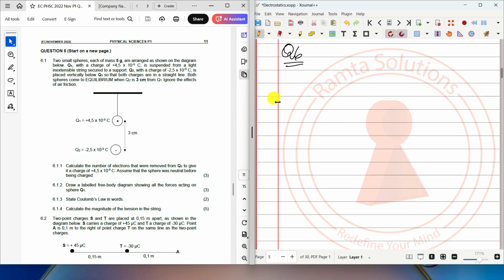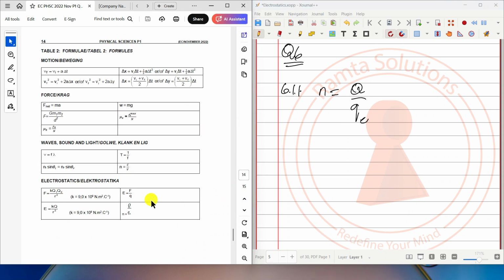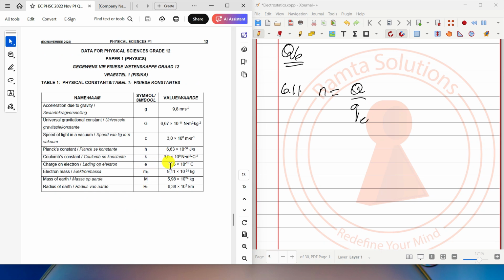The formula that you are using is given in your formula sheet: number of electrons is equal to the charge of the sphere over the charge of an electron. Let's go check it out. Here it is. And the charge of an electron is a constant, also given, which is negative 1.6 times 10 to the negative 19 coulombs.